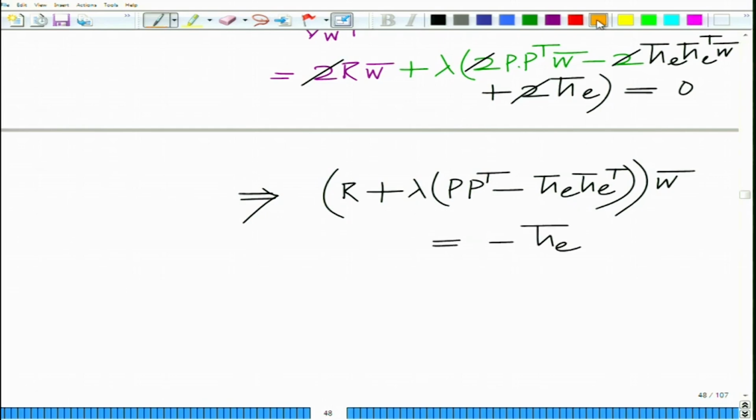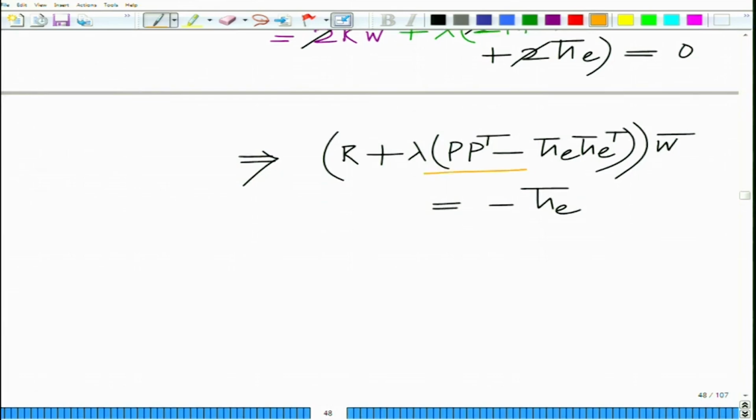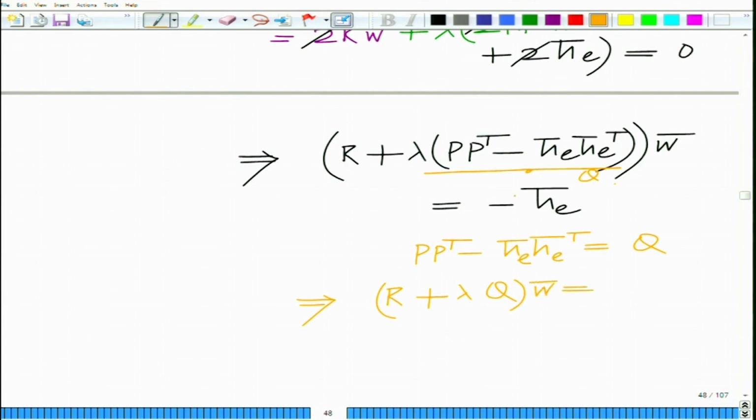Okay. And now if you set this matrix P transpose minus H bar E transpose as Q, this implies R plus lambda Q into W bar, I am sorry, there is going to be another factor of lambda over here.